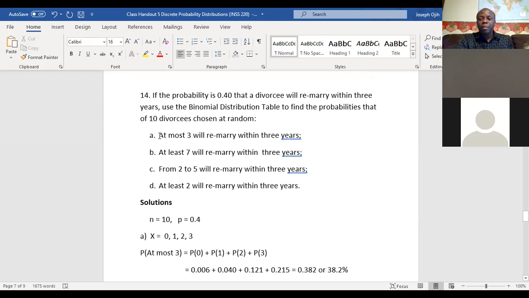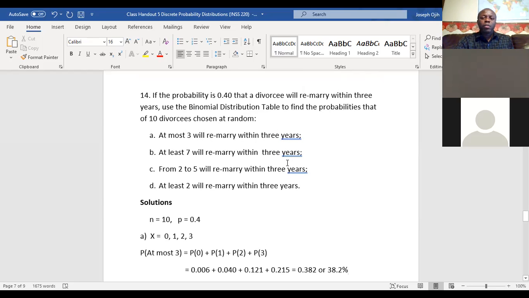So look at this. Remember, this is the question about the probability that a divorcee will marry within 3 years. And we are given P to be 0.4. And we are told to use the binomial table. And also, we are told that there are 10 divorcees we are choosing at random.